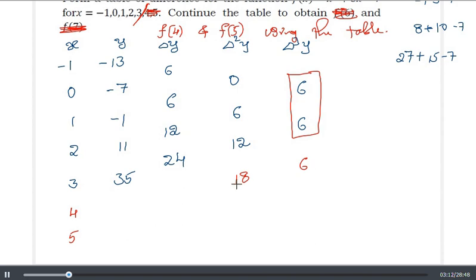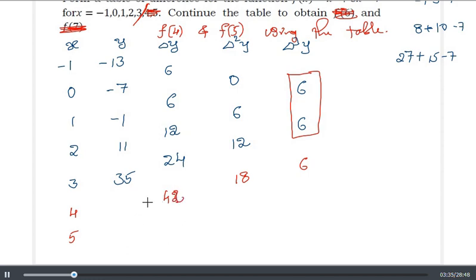Okay, if you have 18 here, what must you have here? It means this something minus 24 must give me 18. It is enough to add 24 and 18, right? So this gives you 42.